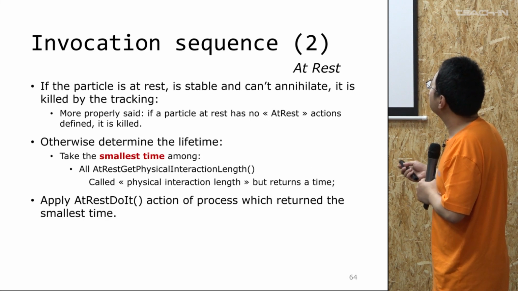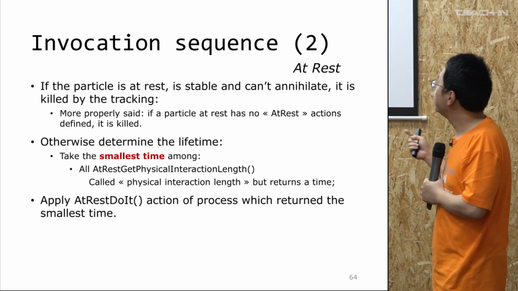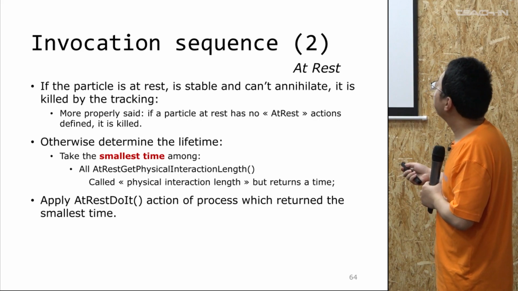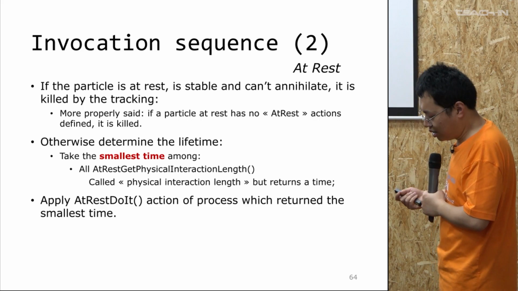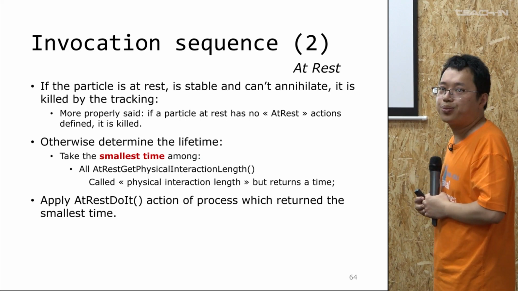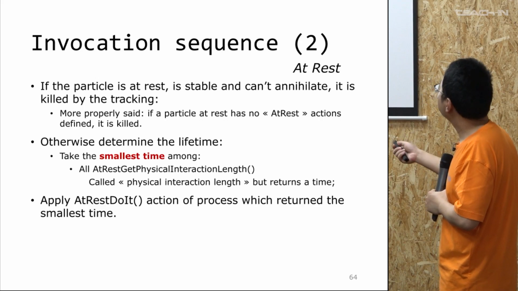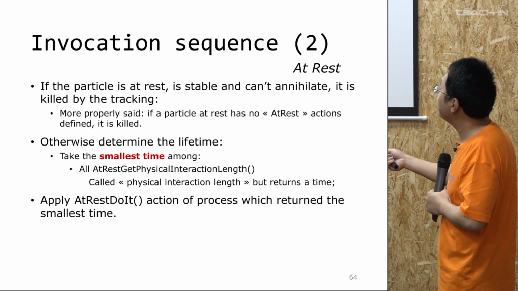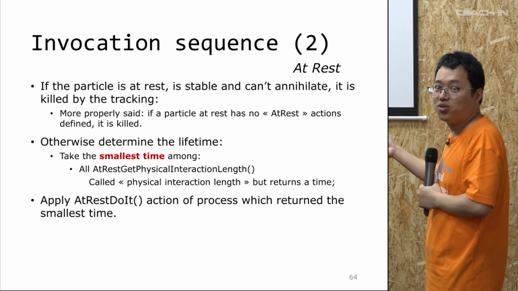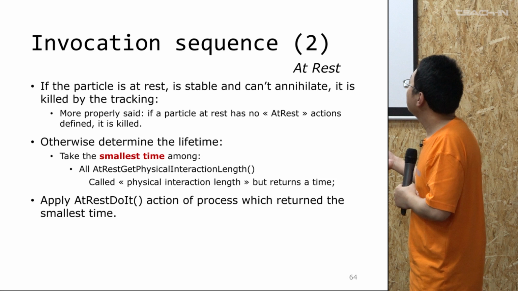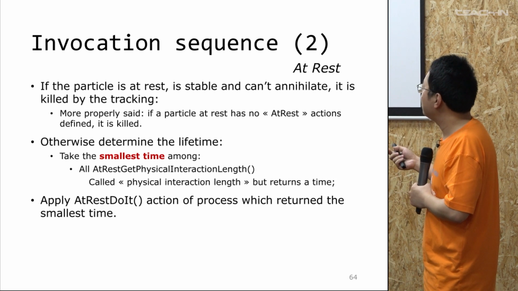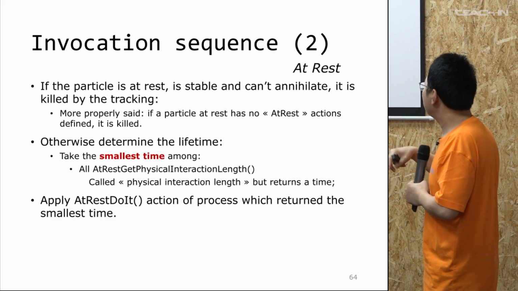Another case is when it is at rest. When this particle is at rest, if it's already stable and cannot invoke any other process, then Geant4 will kill this particle. So-called kill: the state of this particle will be marked as killed. For others, there will be more actions.